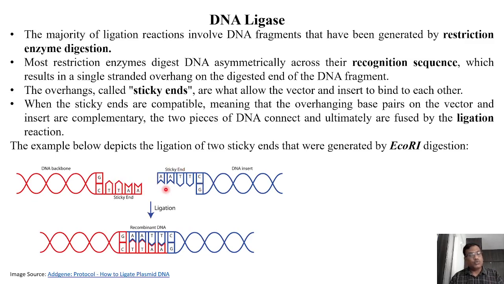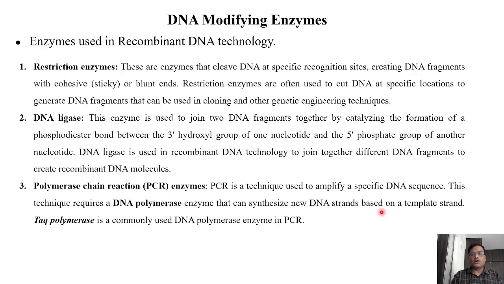As it is cut with the same endonuclease enzyme, they show base pairing, which makes the job of joining them very easy, and at this point the ligase enzyme is going to create a covalent bond. And of course, the restriction site is GAATTC, a site which is generated by the cleaving of EcoRI enzyme.